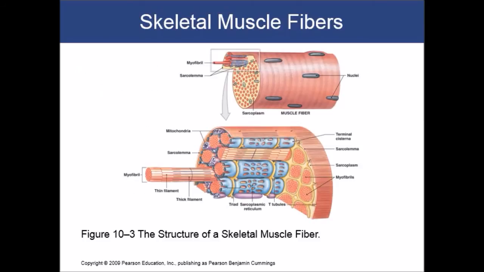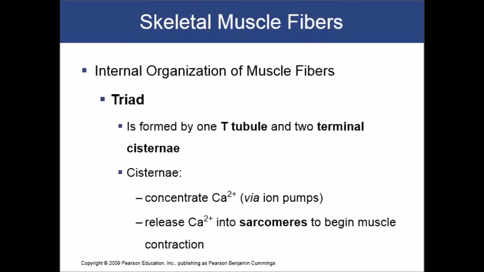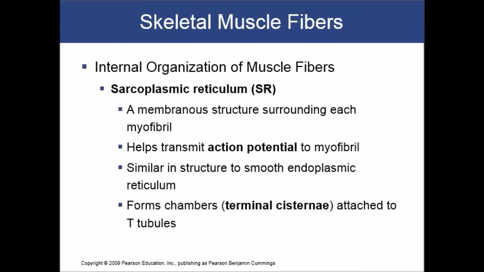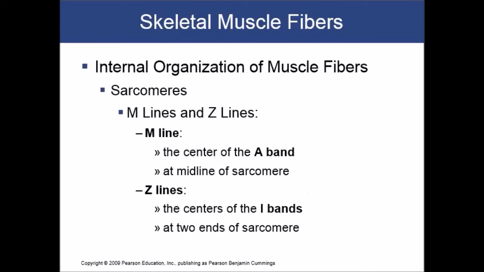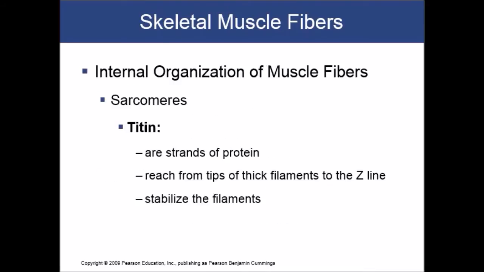That's all important, and I think I covered that in detail. What's the M line, Z line? What's the H band? What's the function of titin? What's the function of the sarcomere?